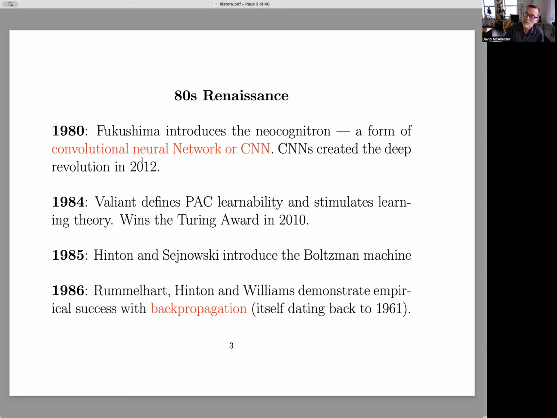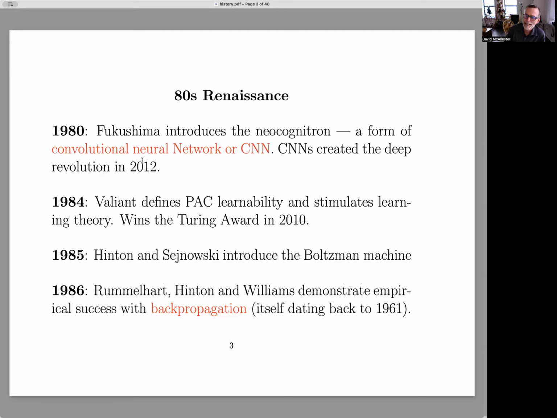So in 1985, Hinton and Sejnowski introduced the Boltzmann machine. We're not going to be talking about that much, but again, that was a major development in the neural network world in 1985. In 1986, Rumelhart, Hinton, and Williams demonstrate the empirical power of backpropagation.